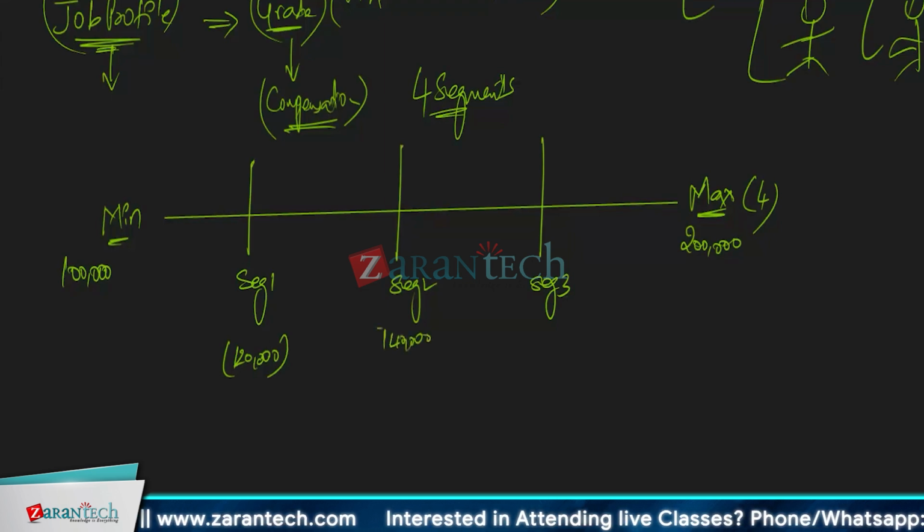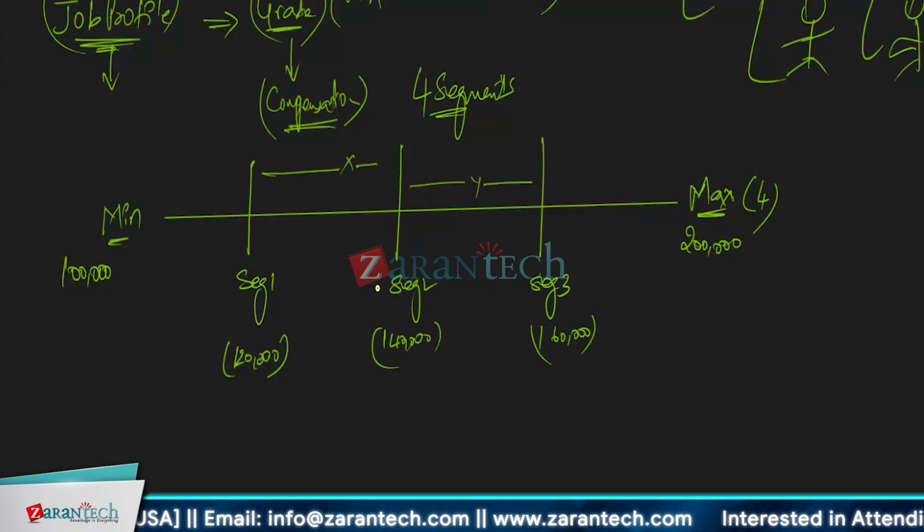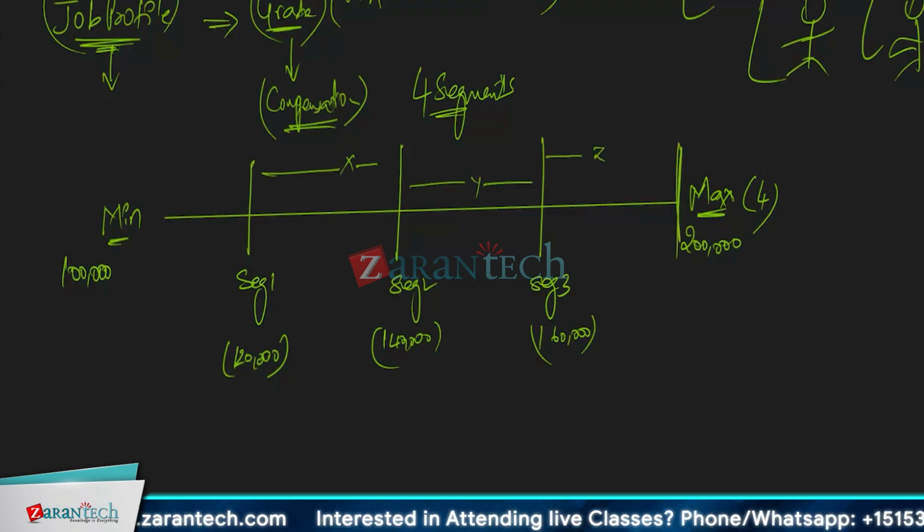Then 140,000 to 160,000, and then segment 4 is 200,000. So you can clearly report on how many employees are in this particular segment between 120,000 to 140,000, or how many employees are in each of the other segments.